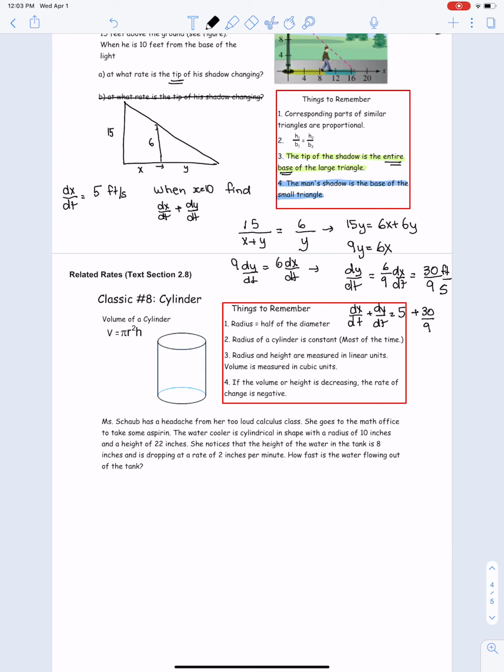And that would be my final answer, in feet per second. Now I could work that out if you'd want to. So 5 plus 30 divided by 9. Change that to a fraction, and I get 25 over 3 feet per second. So that's how fast the tip of the shadow is changing.